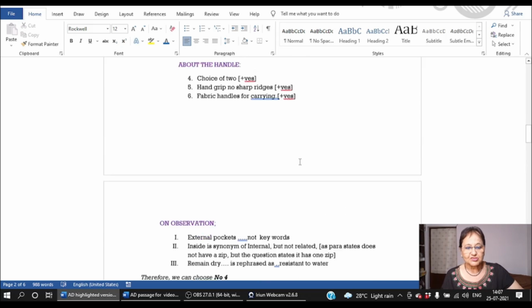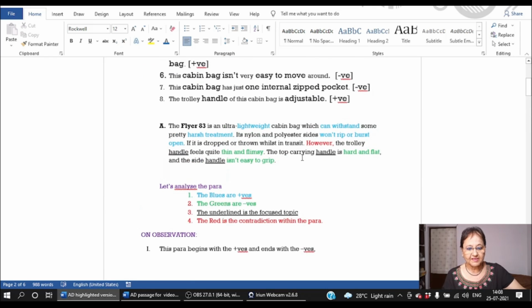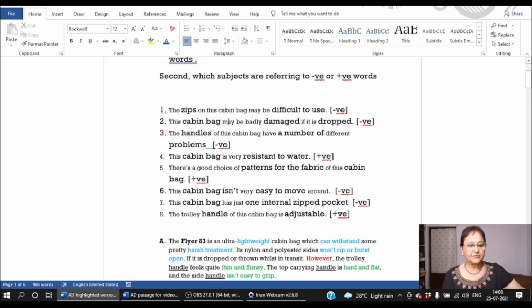Okay? So going back to the list of headings, we have not taken number 2 because it's not relevant to what the passage is talking about. Are we taking number 3? 3 is already taken. So number 4, cabin bag, is very resistant. Yes, we are taking it. That is one choice.